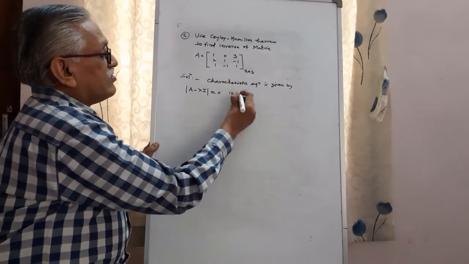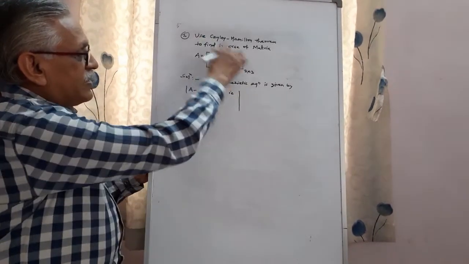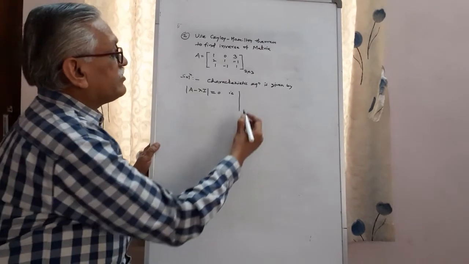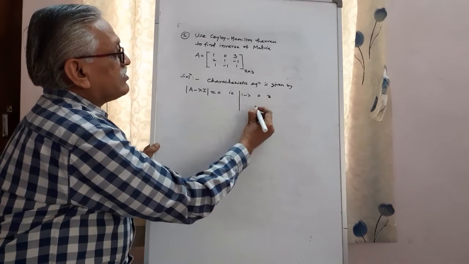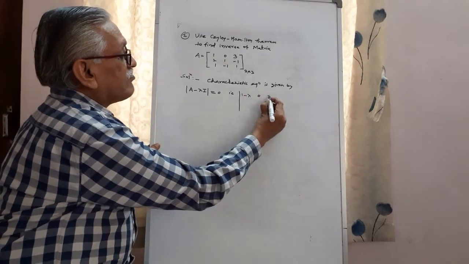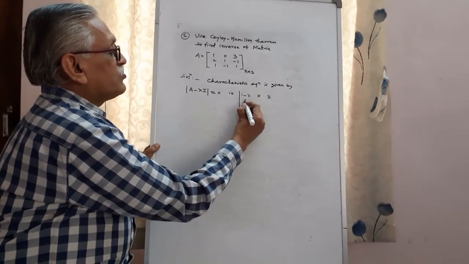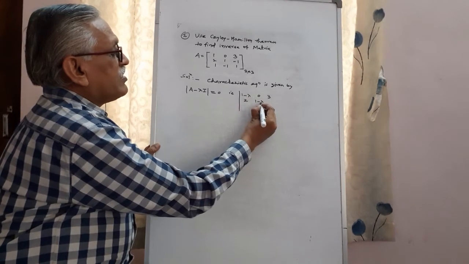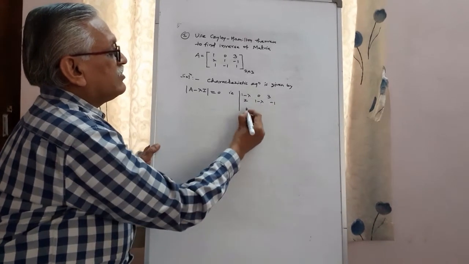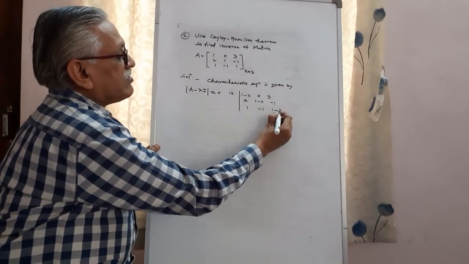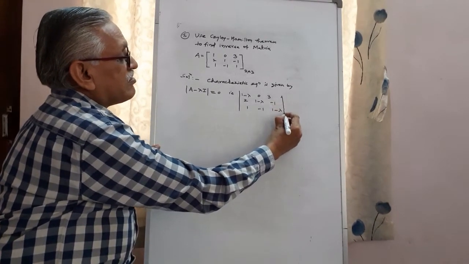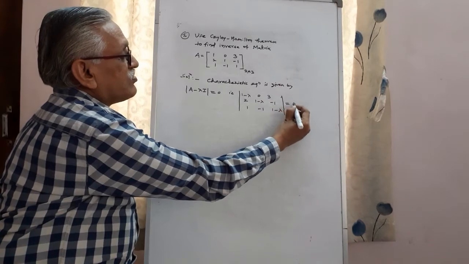That is, subtracting lambda from the principal diagonal elements: 1 minus lambda, 0, 3; 2, 1 minus lambda, minus 1; 1, minus 1, and again 1 minus lambda. It is equal to 0.